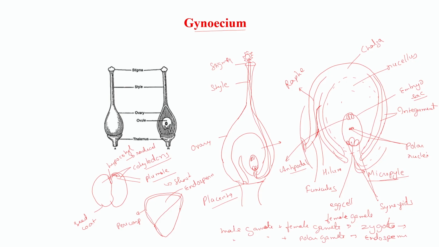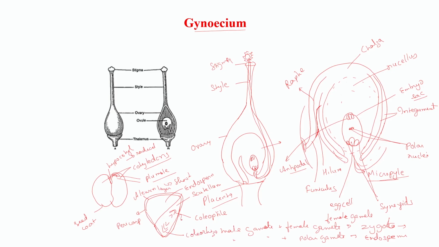We have also studied that in the aleurone layer protein grains are there. Then you will see the scutellum, which is actually a single cotyledon. Then you will see the plumule and radicle, which will be covered by a covering known as the coleoptile, and this is the coleorhiza.